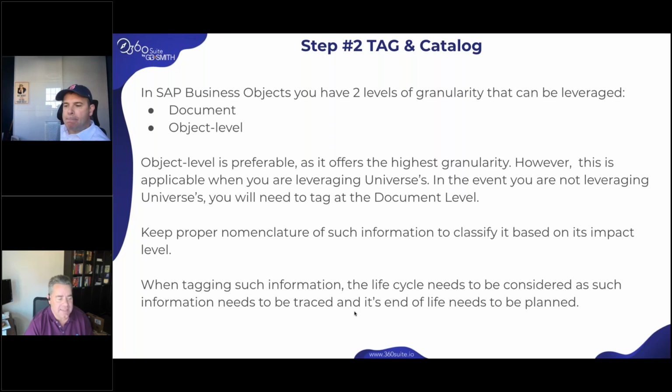And then lastly, when tagging the information, we also need to understand the life cycle for that information, right? So data that's within the last 6 months, 12 months, and then at what point does it become less important? And maybe eventually it gets archived or deleted from the system.